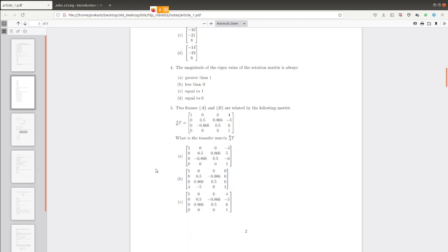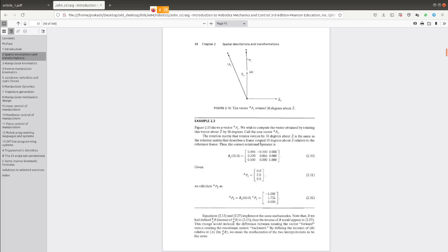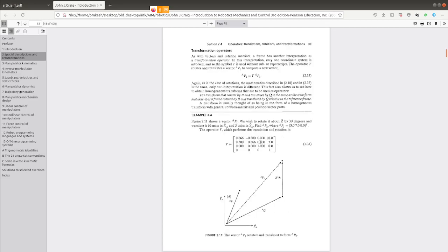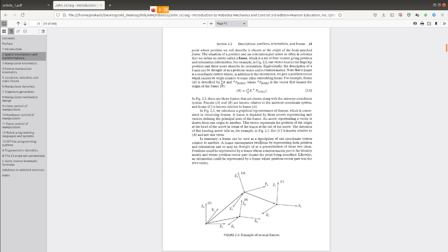Two frames A and B are related by the following matrix. This TAB is given, and then what is the transfer matrix? We need to calculate the inverse. One thing you could do is take the inverse of this matrix, or in other words, we have a formula.